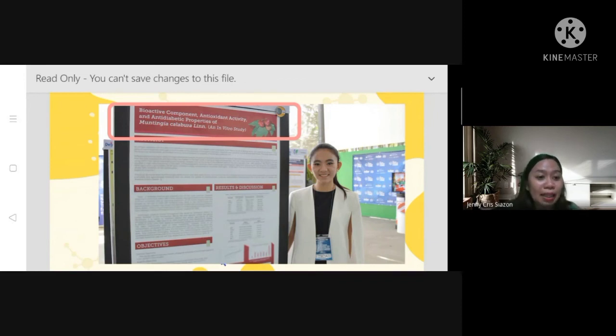So dun pa lang nakita mo na, 3 ang gagawin na properties no ng batang ito sa study niya. Ang tatlo lang yung properties na sakop niya. Doon pa lang sa title na yun, alam mo na ito yung pinaka summary no ng gagawin niya. Nandun pa lang nakita mo na ay gagamitin niya yung plant na to. Ito yung mga properties na talagang pag-aaralan niya. So doon pa lang from the title, alam mo na yung gagawin.